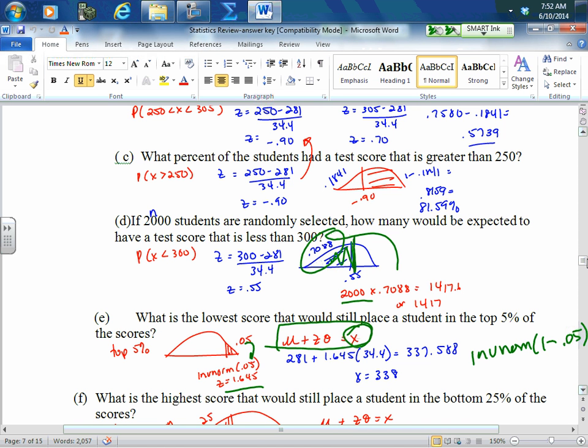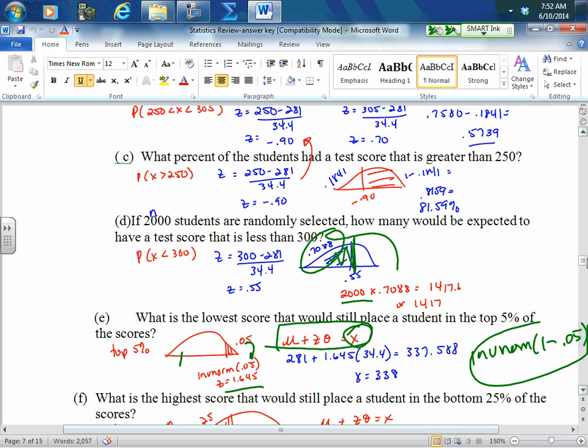Don't divide anything by 2 on this one. Use the fact that your curve is symmetric. Either inverse norm of 0.05 or 1 minus works. 0.05 is going to give you the negative, but you know it's up here, so you just change it to the positive. If you have a hard time with that, then do this part and subtract it from 1, because you are looking for the area to the left.